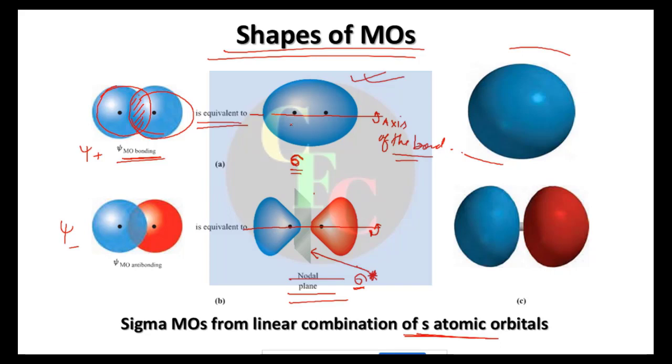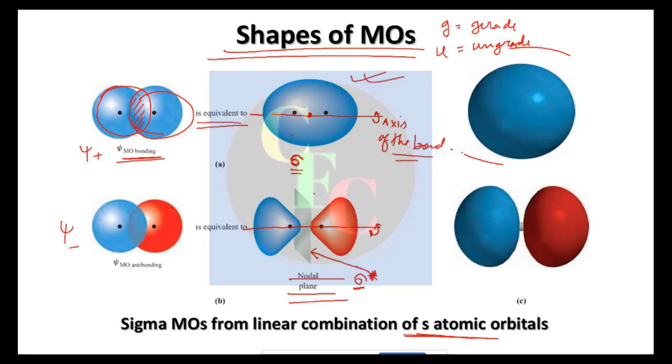G and U mean Gerade and Ungerade. These are German terms, standing for symmetric and non-symmetric. Why symmetric and non-symmetric? It depends on whether you have a center of inversion or not. Suppose this is the center of the molecule, or the orbital.